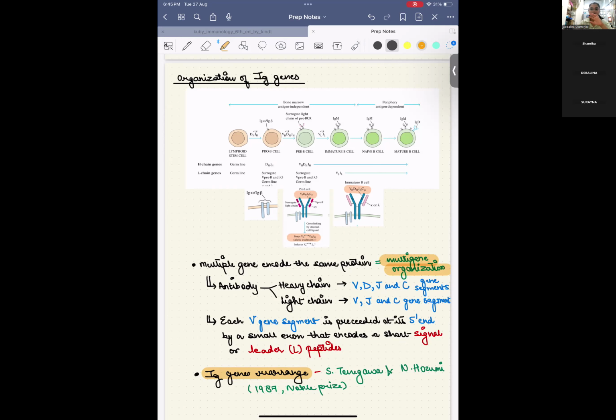The one gene, one protein hypothesis says that if you have one protein forming, if we backtrace it, it must be forming from a particular gene sequence encoding it. But over here, we know there are two chains in the antibody molecule that we discussed, the heavy chain and the light chain, and both are encoded by different gene segments.